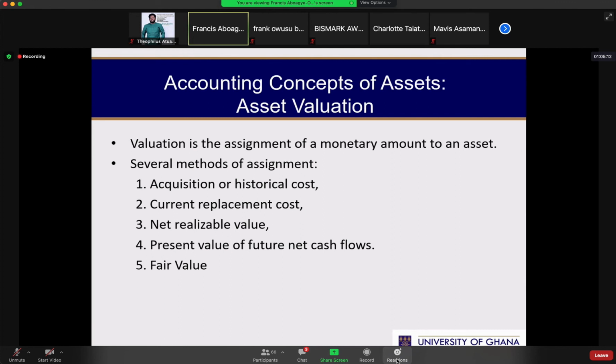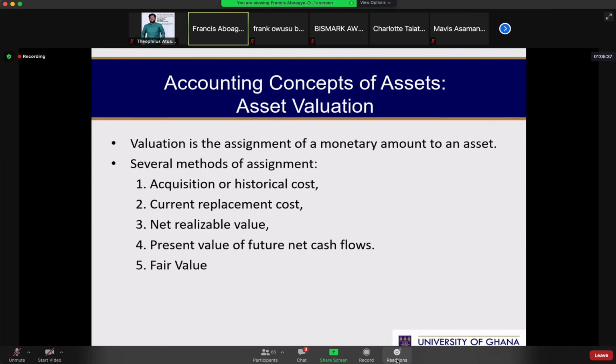In accounting and finance, if you want to sell an asset, you can say realize it. So realizable value means the value that you can gain from selling. And if you take away costs from it, then that becomes the net realizable value.